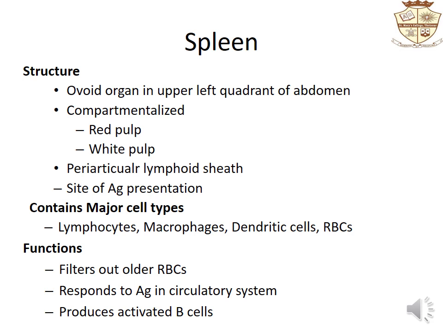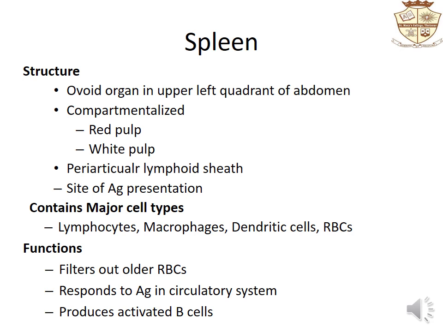The next secondary lymphoid organ is the spleen. It is a large ovoid organ situated in the left abdominal cavity. The spleen functions in filtering blood-borne pathogens and antigens. Structure-wise, the spleen is surrounded by a capsule that extends a number of projections into the interior of the spleen.